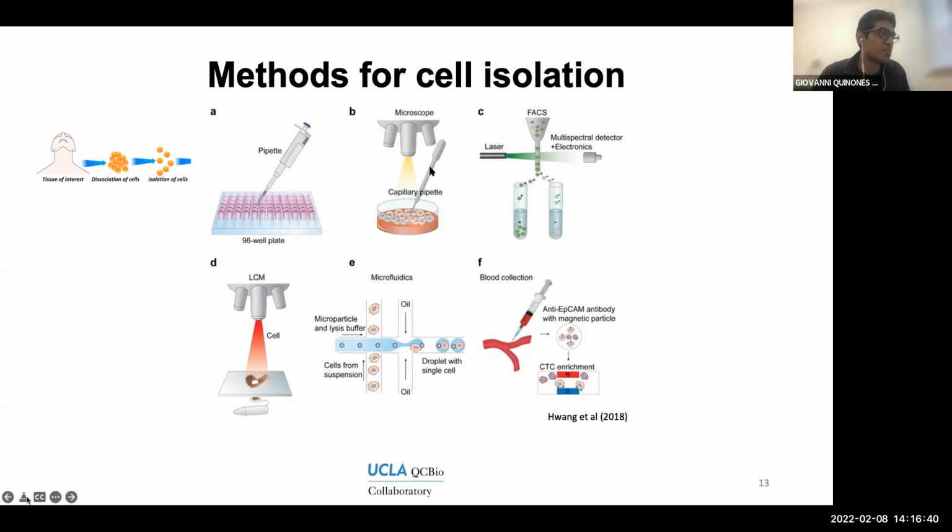With this approach, you use the capillary action of a pipette, which sucks in the cells that are present in your dish, and with the help of a microscope, you can isolate them individually. As you can imagine, these first two techniques are very low throughput, and your study is most likely going to be limited to a very small number of cells.